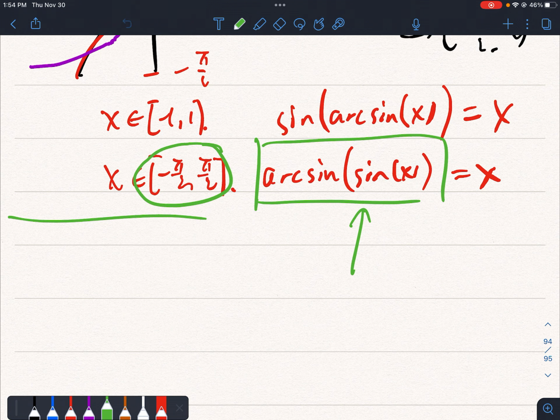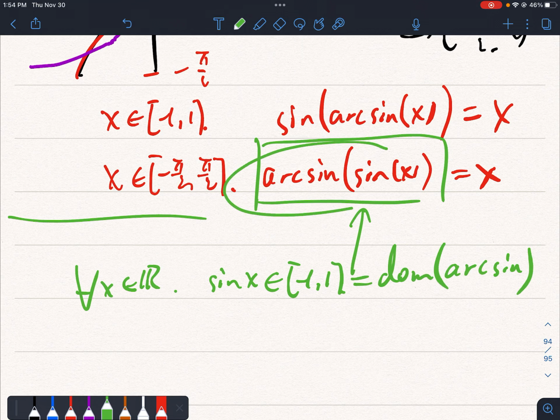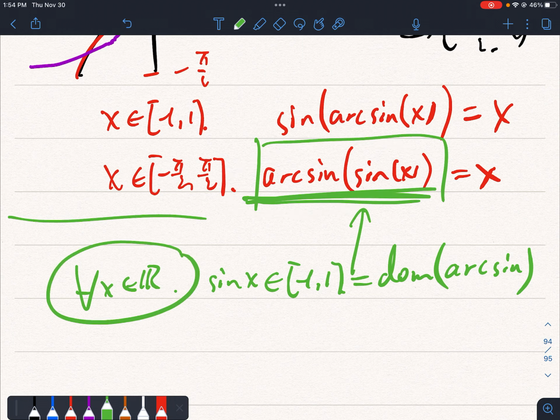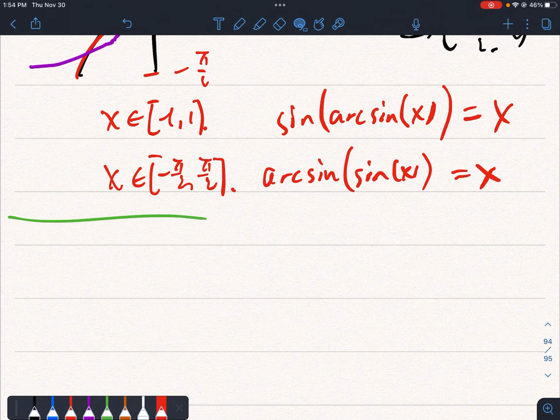Note that this function is defined not only on the interval minus pi over 2 to pi over 2. It's defined everywhere, because for each x in R, sine of x is in the interval -1 to 1, which is exactly the domain of arcsine, which means you can say what this value is. So this function can be extended to a function on R, which means you can define this on every real number.